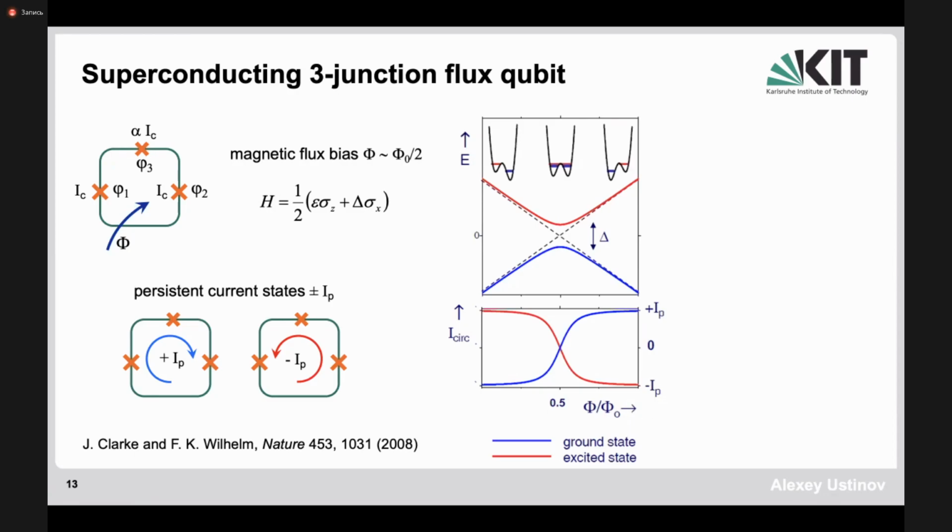Then the energy of the ground state and the energy of the first excited state are rather close to each other, which is due to very large anharmonicity of this double potential. So it's very anharmonic, and therefore the energy level separation between levels 0 and 1 is much, much smaller than energy level separation to any of the higher levels.